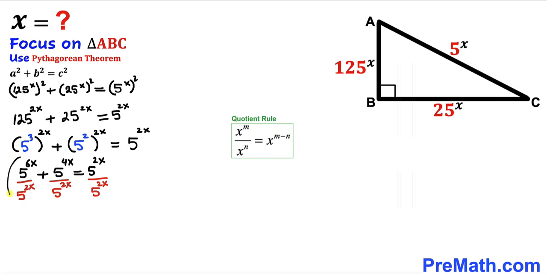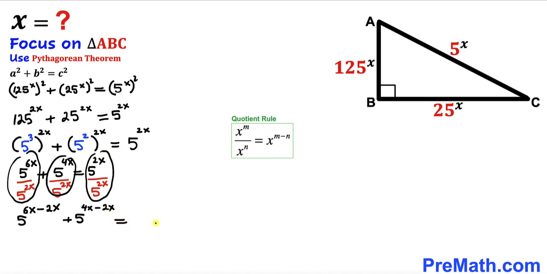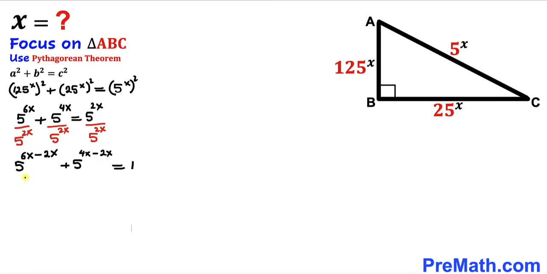So this can be written as 5^(6x minus 2x) plus, for this next one, 5^(4x minus 2x) equals, on the right hand side, this reduces to simply 1. So we get 5^(4x) plus 5^(2x) equals 1.